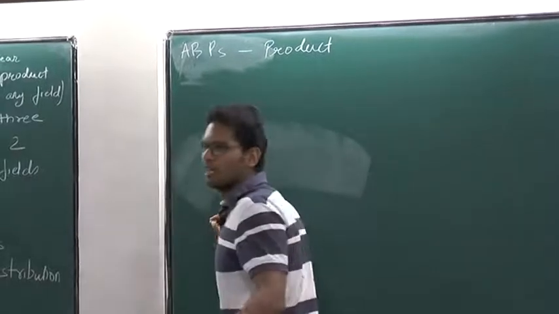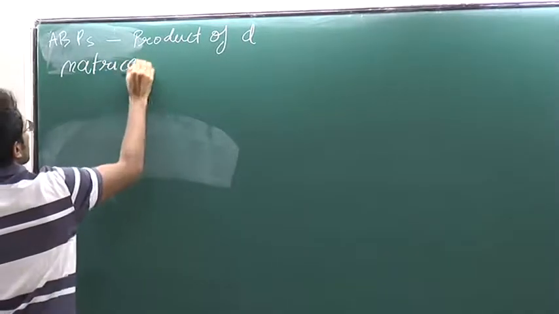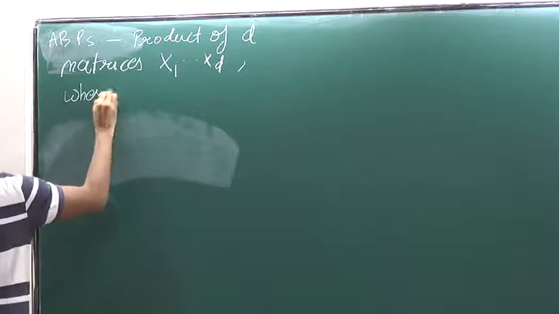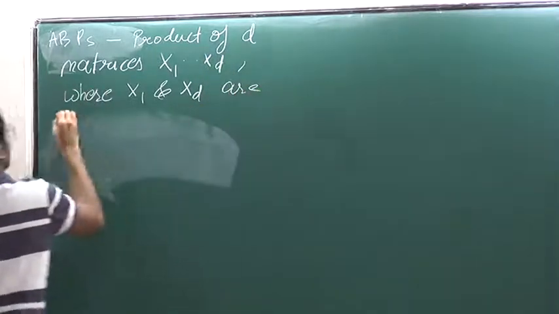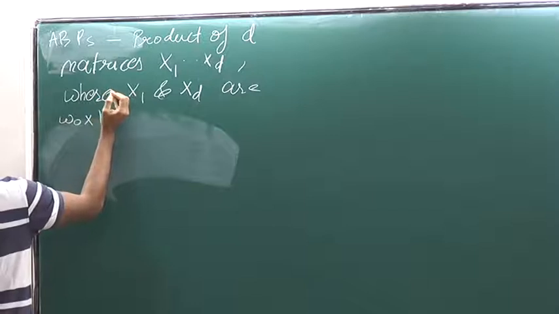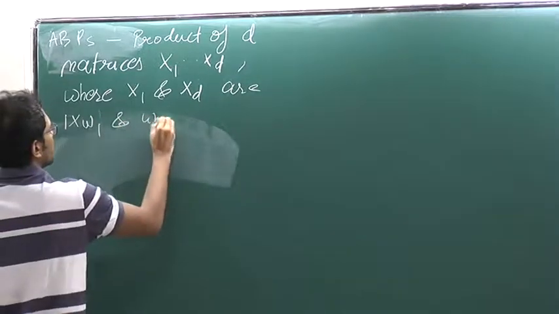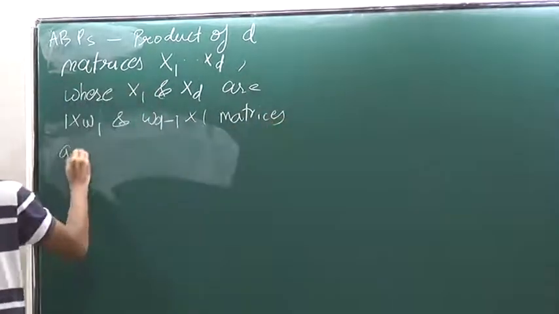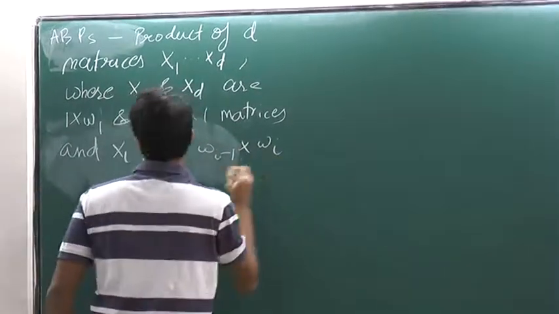It's a product of D matrices, X1 to XD, where Xi is a wi cross w(i+1) matrix.